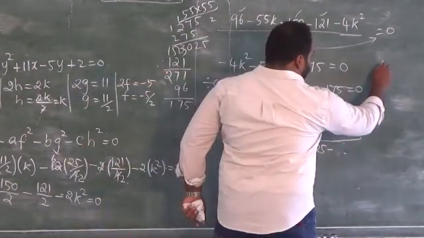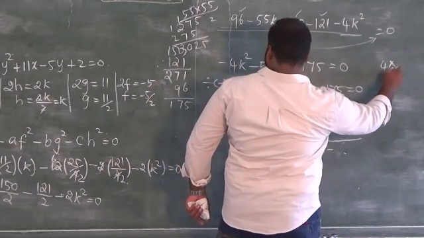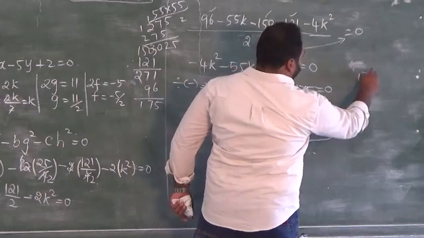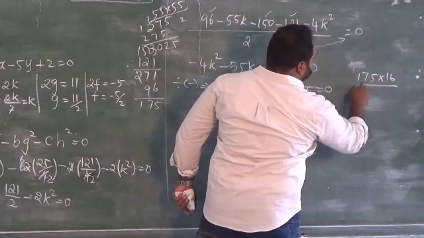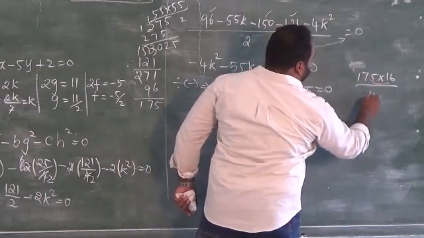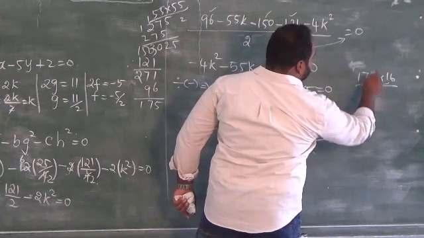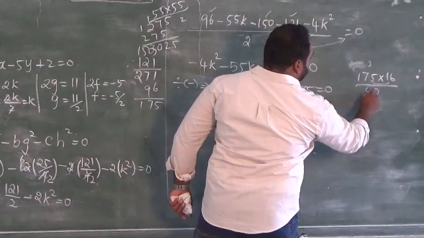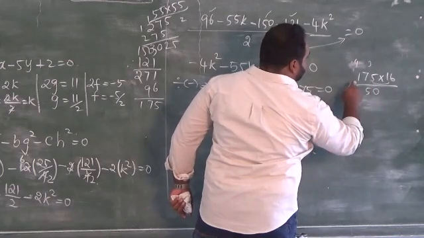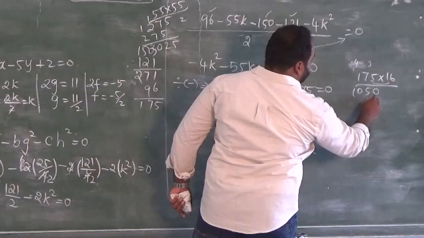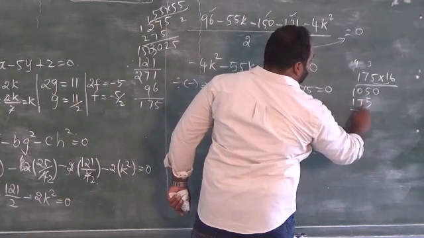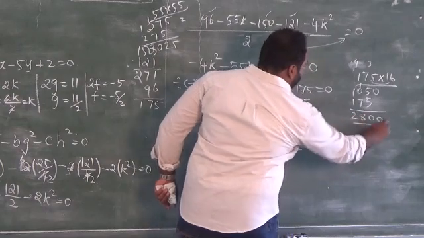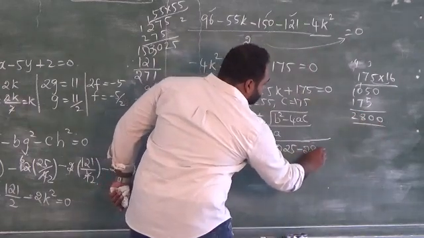So 4 into a is 16, and 16 into 175 is 2800.